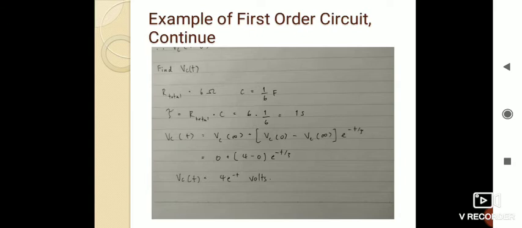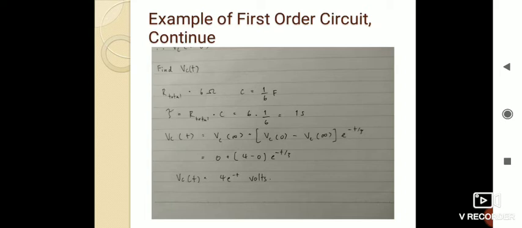And then we have the capacitor, which is 1/6 of a farad. After we got the total resistance and the capacitance, we multiply them in order to get the tau, which is 6 times 1/6, equal to 1 second.